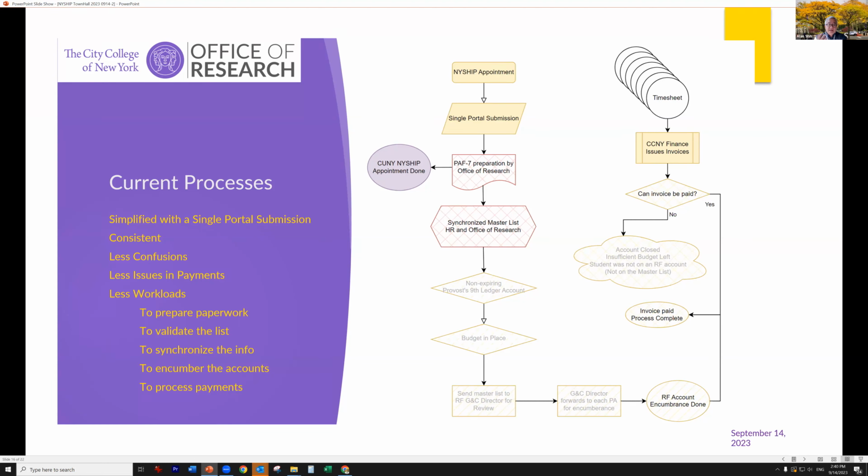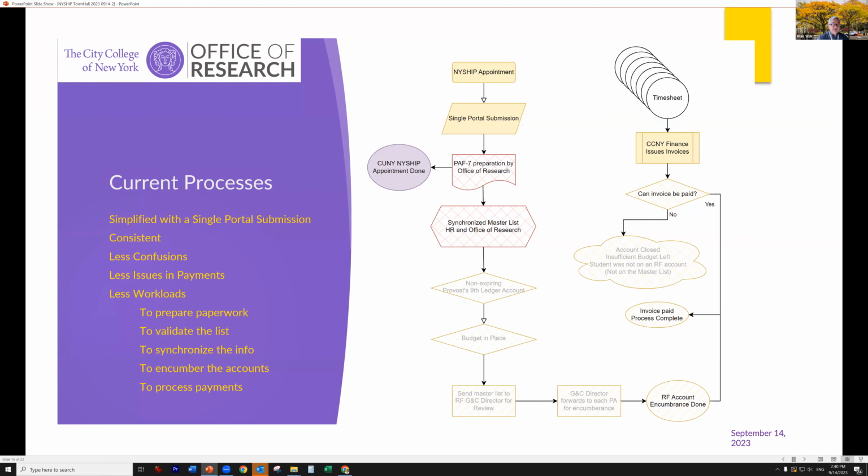However, these grayed out boxes are the ones that we believe can, if not totally eliminate the problems associated with each of these boxes, at least be greatly reduced. And then we simplify it with a single portal submission. So hopefully everybody, including faculty and their staff, feel that this is an easier process.